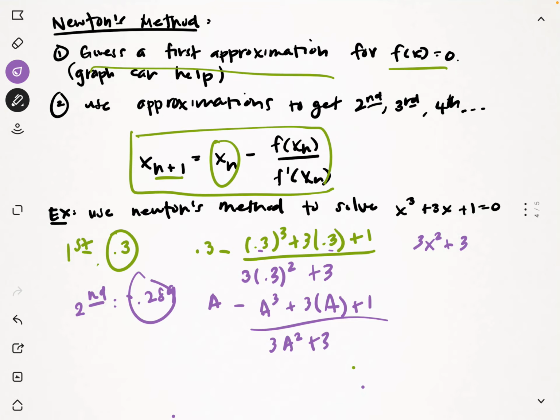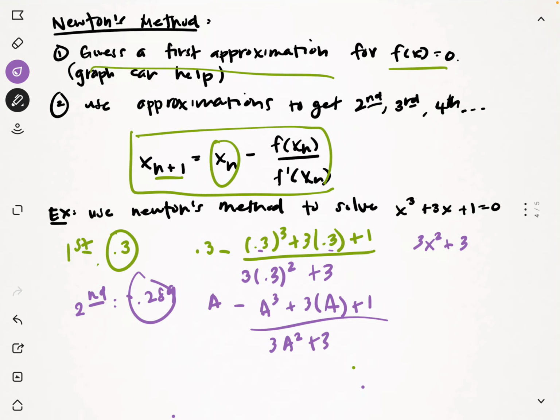Okay, so let's do the same thing with our A. A minus A cubed plus 3A plus 1 divided by 3A squared plus 3. Enter.